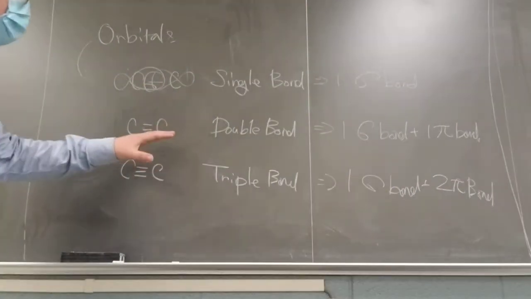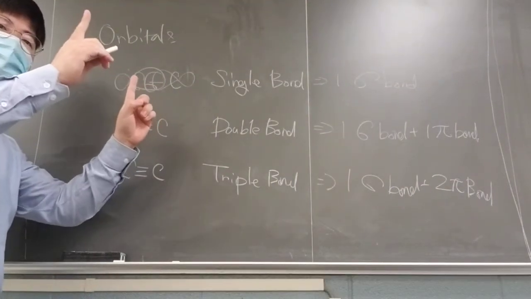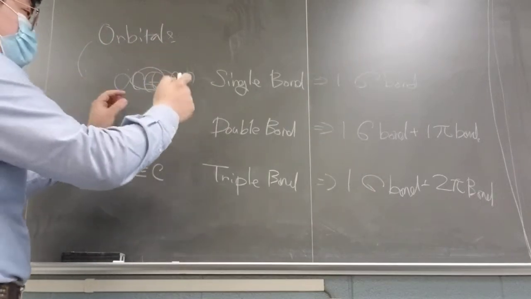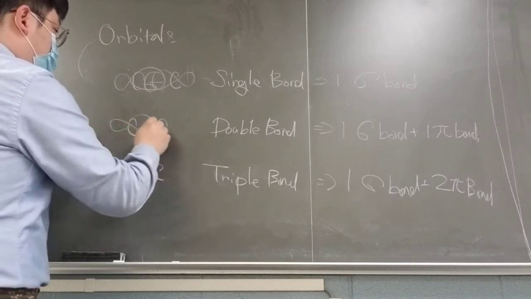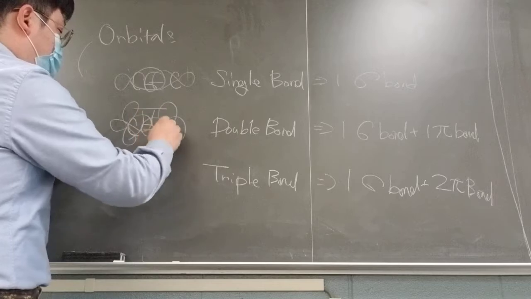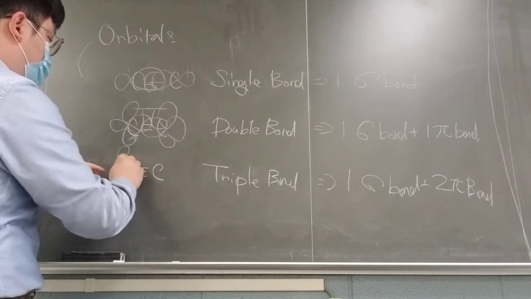That's because in the double bond, each carbon, or each element, has a pair of electrons in a p orbital, making a pi orbital here, and there are actually 2 more.